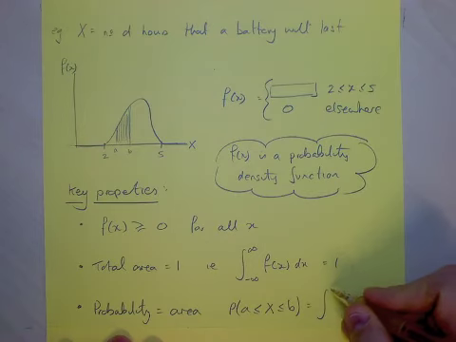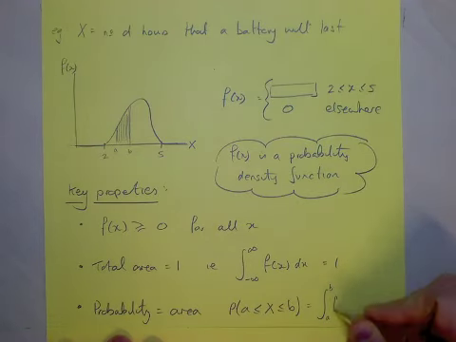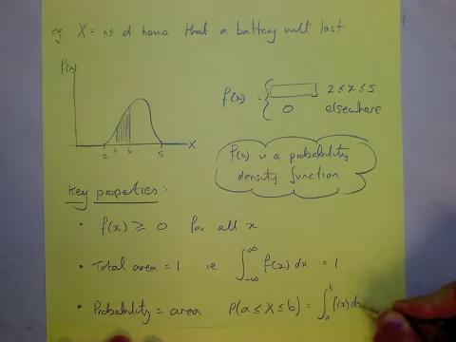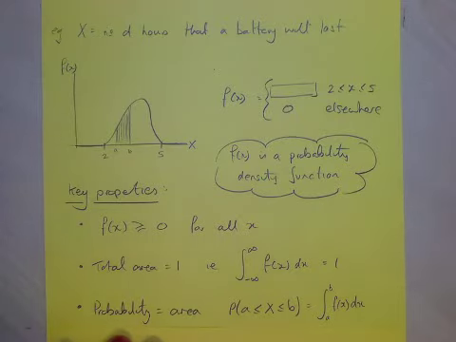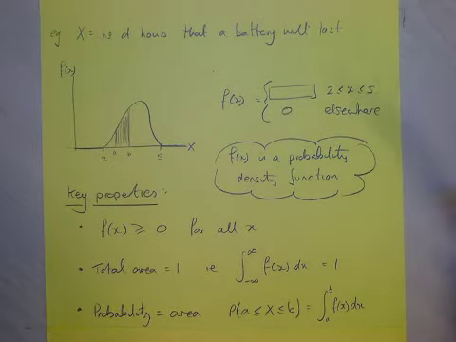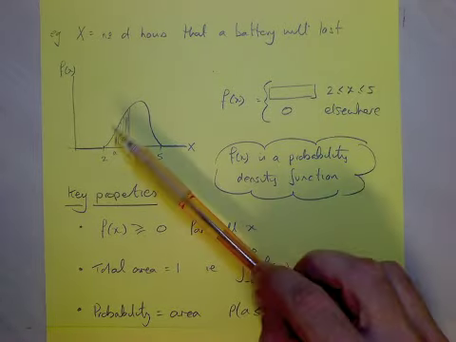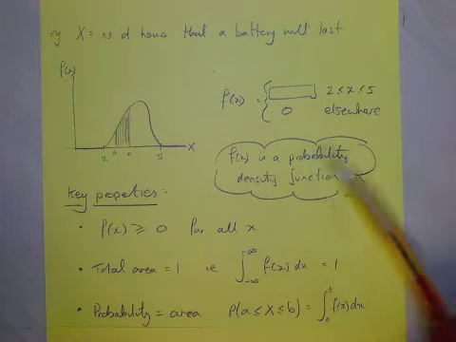So I can say the integral between A and B of f(x) dx is going to give me the probability. So I'm in a situation where I'm going to be asked questions about probabilities, and they are going to correspond to areas underneath probability density functions.